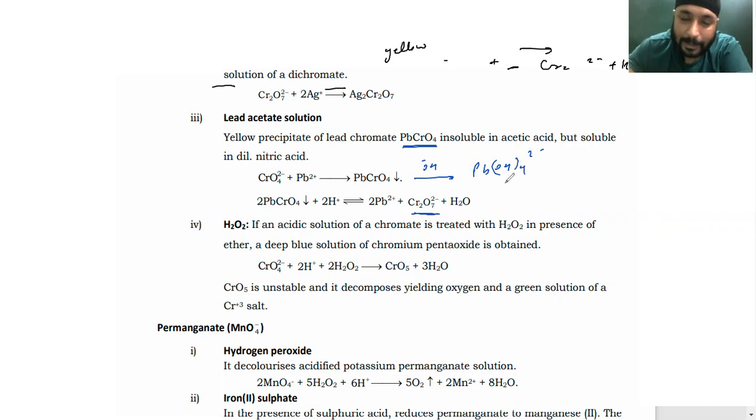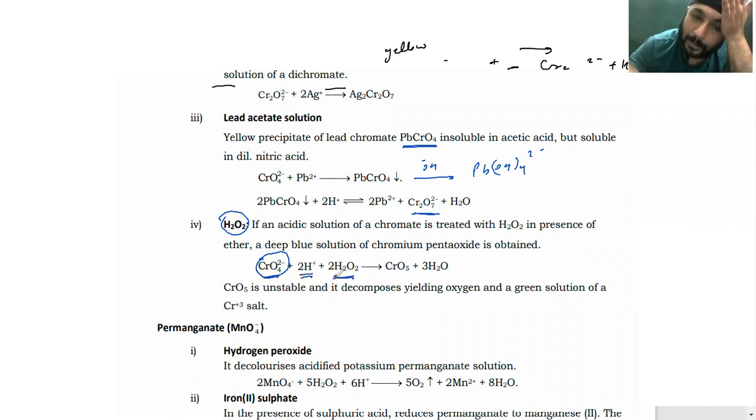It will become soluble nicely. Getting it? With H2O2, the thing is dichromate, right? H2O2, cold solution in the presence of ether. We have done that CrO4 2- in the presence of H+ becomes dichromate.